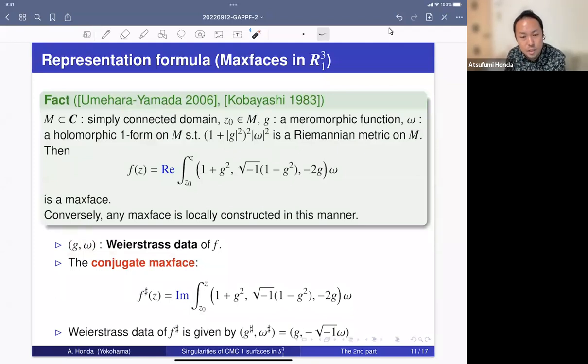A simple calculation implies that the Weierstrass data of this conjugate maxface is given in this way. So g is preserved and omega is multiplied by i.